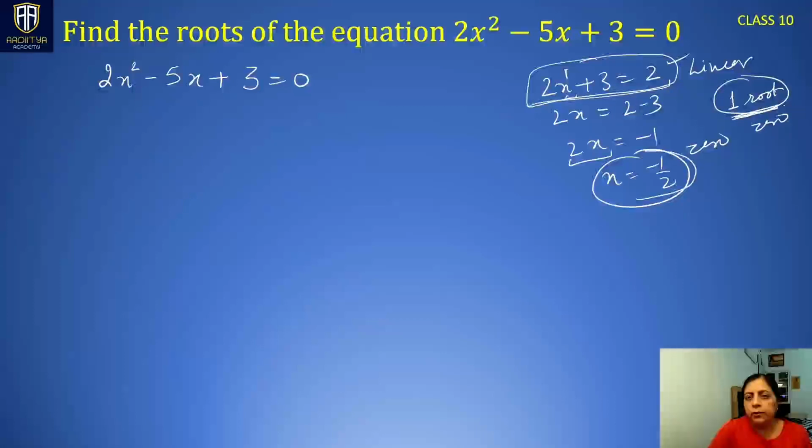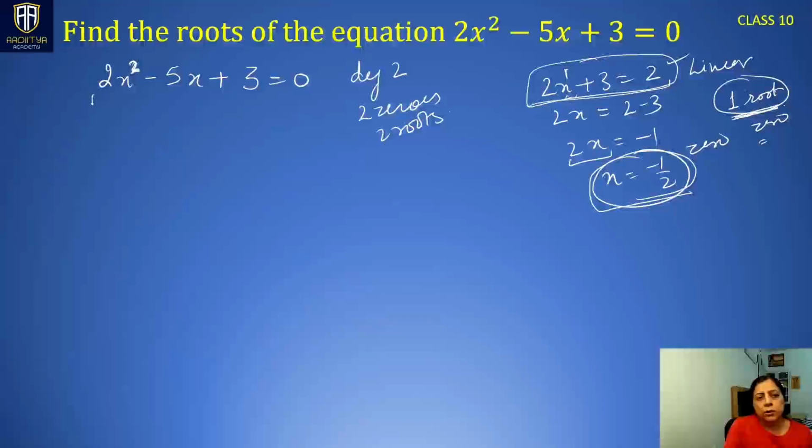That we could find by solving this linear equation we had learnt in junior classes. Now in this case we have a quadratic equation. Quadratic equation means degree is 2, so it will have two zeros or two roots. Now how to find them?